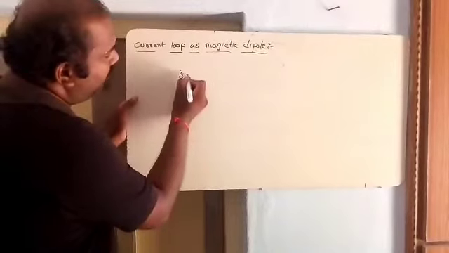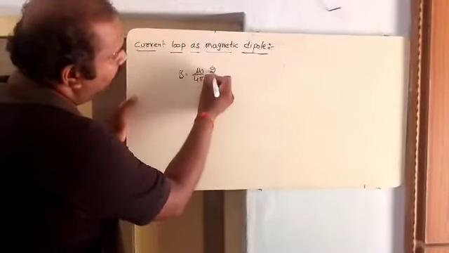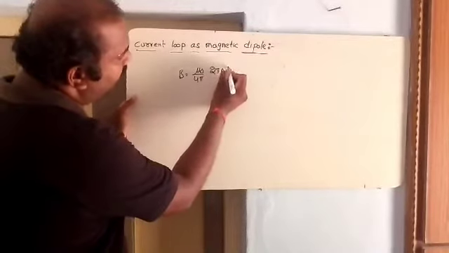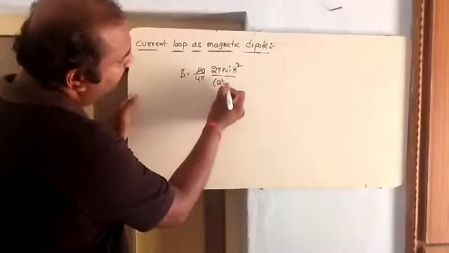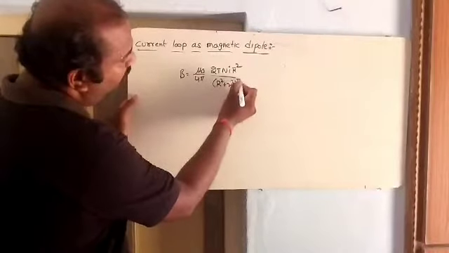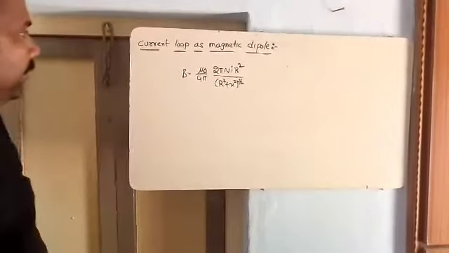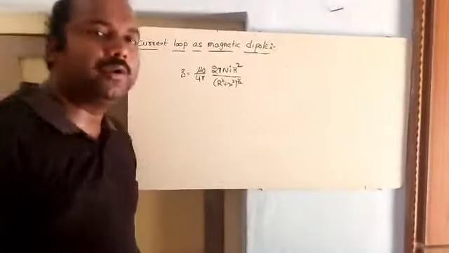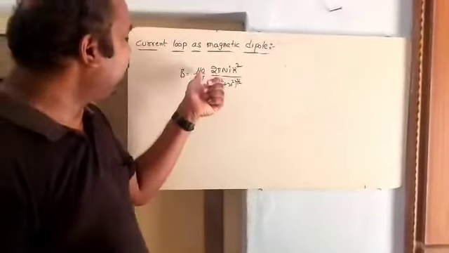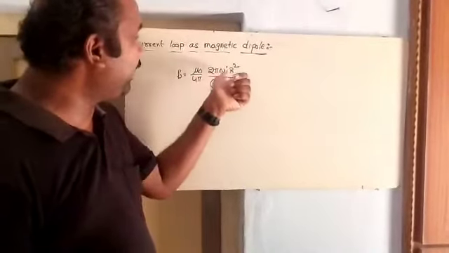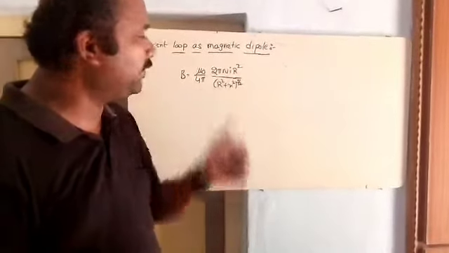B is equal to mu naught by 4 pi, 2 pi nI r square by r square plus x square whole power 3 by 2. This is the equation we got from the earlier question. Once again, B is equal to mu naught by 4 pi, 2 pi nI r square by r square plus x square whole power 3 by 2.